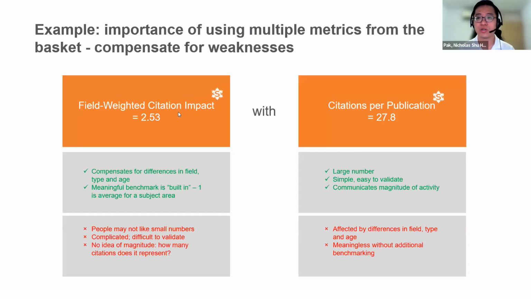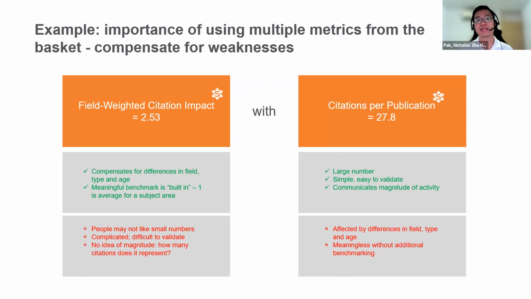Another thing which I think is very important is to showcase multiple metrics to compensate for weaknesses. Some of you probably see field weighted citation impact. Some of you would see citations per publication, right? FWCI, field weighted citation impact, is a metric that we leverage at Scopus. I think this is really good. I really like it.